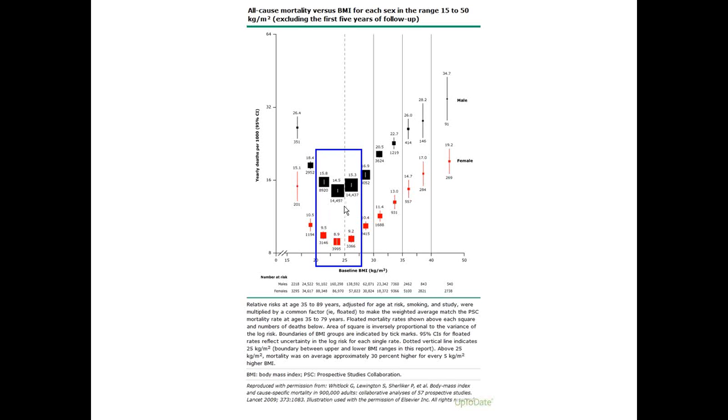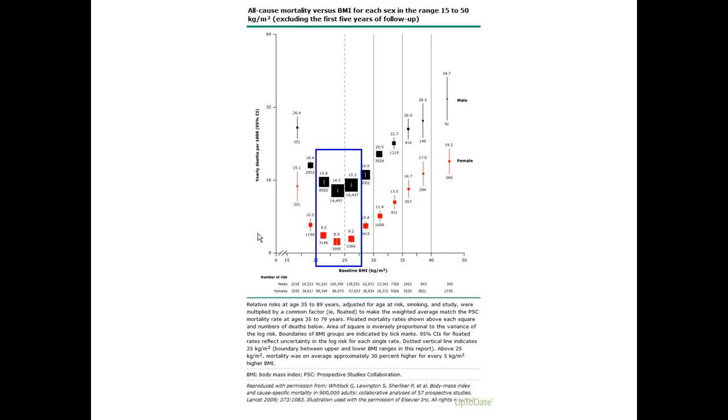And for every 5 BMI points that you went up above 25, you had a significantly higher risk of mortality: 30% for overall mortality, 40% for cardiovascular mortality, 60 to 120% for diabetic-related mortality, and the list goes on. We see a slight uptick as we go beneath 22.5, but that's largely associated with respiratory illnesses.